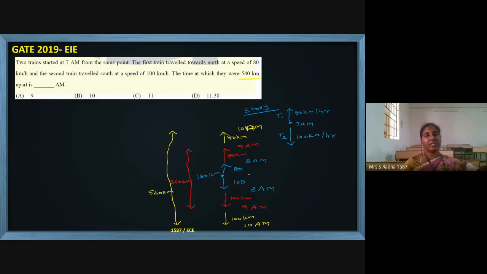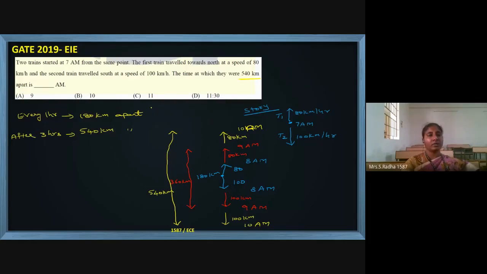For every 1 hour they move 180 kilometers apart. So after 3 hours, the distance between them is 540 kilometers.